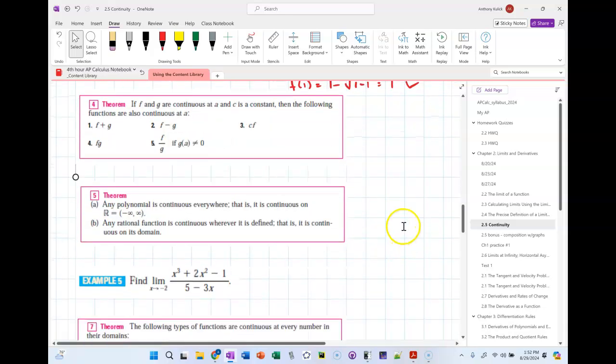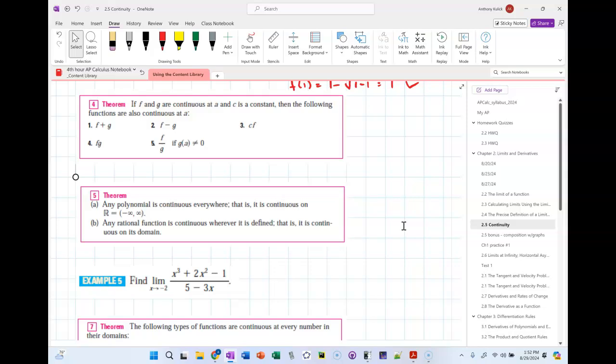The next theorem says any polynomial is continuous everywhere. We knew that already, I hope. But there's a theorem. So if I have polynomial plus polynomial, I know that's continuous because each polynomial is continuous, and continuous function plus continuous function is continuous. Everybody's okay?